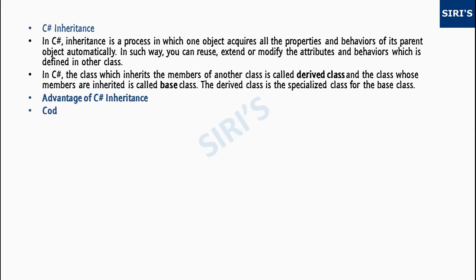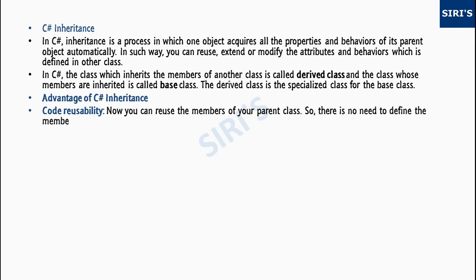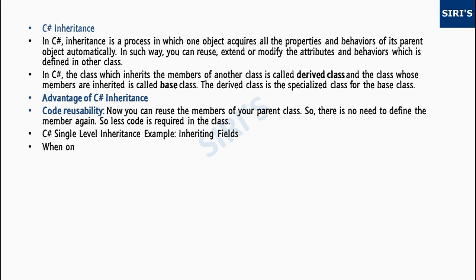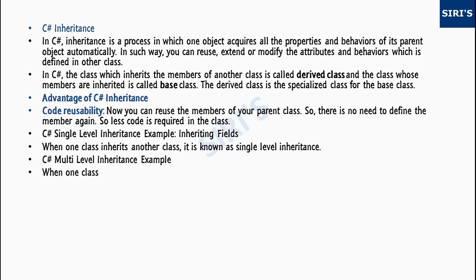Advantages of C# inheritance are as follows. Code reusability: you can use the members of your parent class so that there is no need to define the members again, so less code is required in the class. C# single inheritance example, inheriting fields: when one class inherits another class, it is known as single level inheritance.